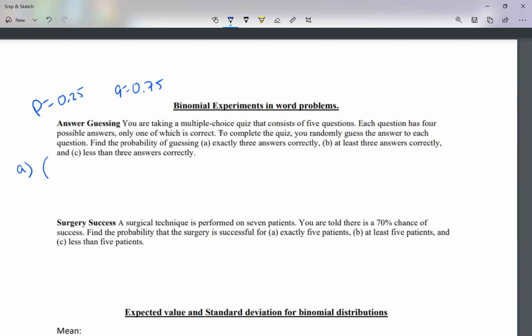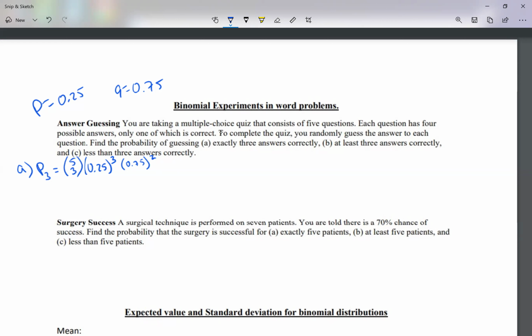Before I move on, let me just say that we call this the probability of 3. The probability to get 3 correct, we're going to call this 5 choose 3. And then my p-value, remember, 0.25 to the third, because I want to be correct 3 times. And then 0.75 to the second, because I'm going to be wrong 2 times.